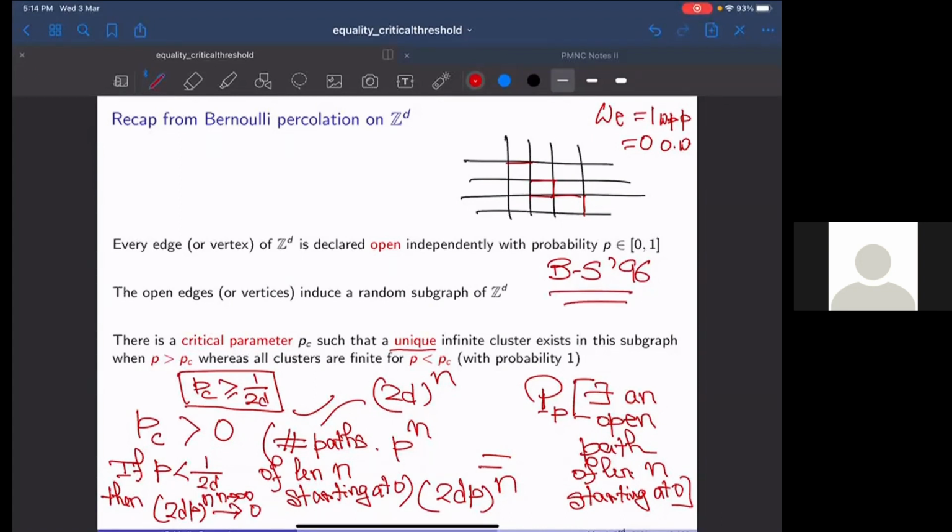One of the things was this very natural conjecture that if you have some notion of dimension, let's say some isoperimetric dimension bigger than 1, that should be enough to tell you PC is less than 1.